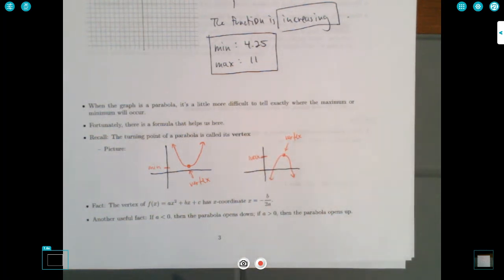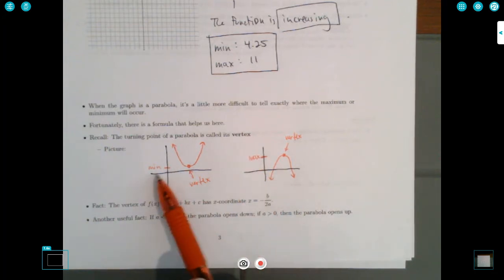Well, how do we find the vertex? The vertex of this quadratic equation with generic coefficients a, b, and c, ax squared plus bx plus c, has an x-coordinate of x equals negative b over 2a. Now, don't let that confuse you, because that's the x-coordinate of the vertex.